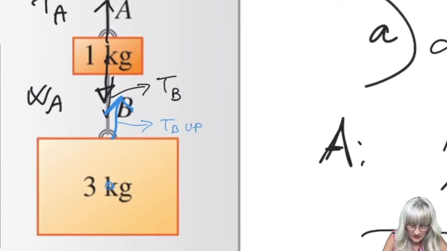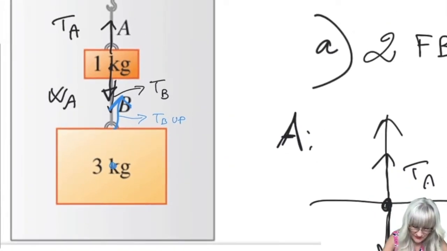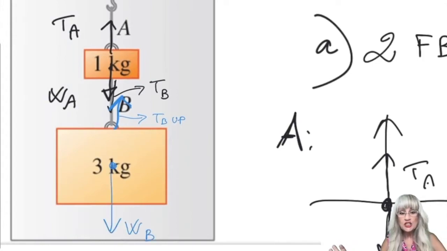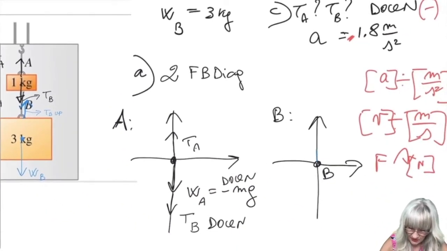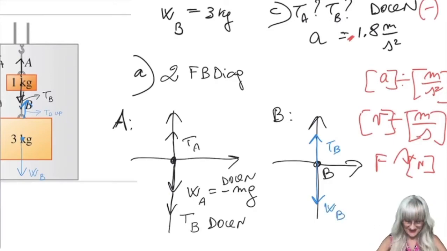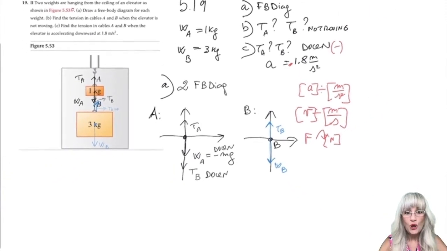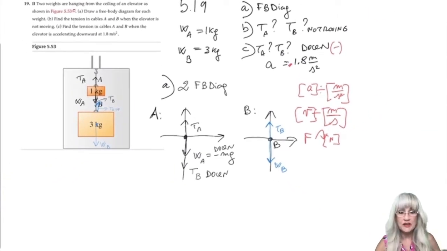Then right here at the center of mass, there is the weight of B. Nothing else for object B. So again, pointing up, tension B, pointing down, the weight of B. So multiple objects want different, separate, independent free body diagrams.